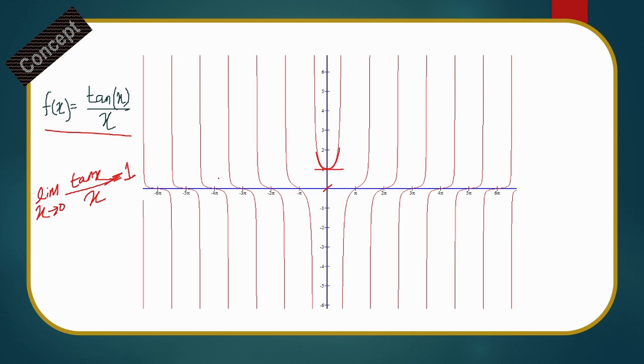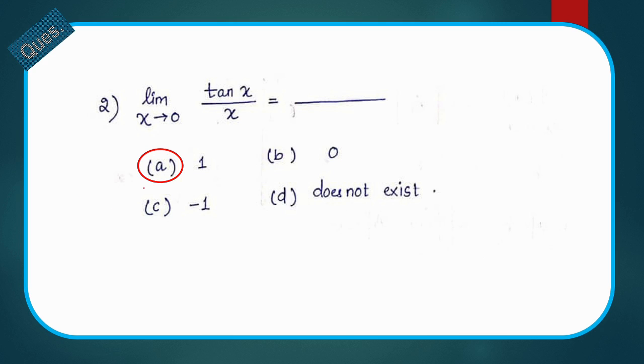For clarity purposes I am showing you the graph. From the standard result also, limit x tends to 0, tan x by x equal to 1. So the answer will be option A.